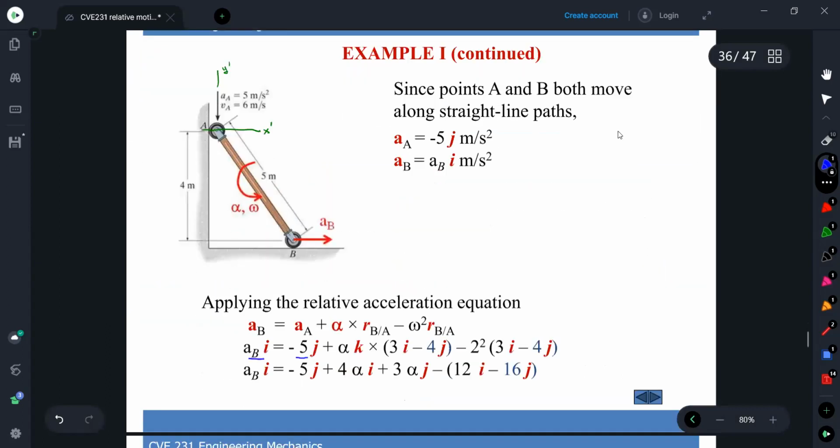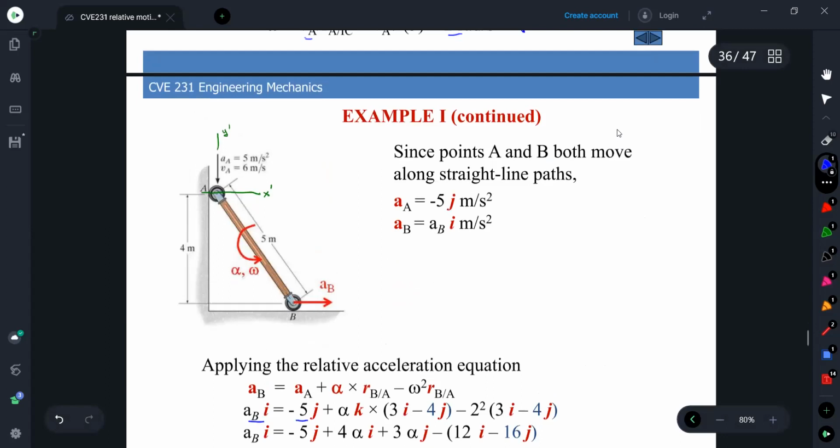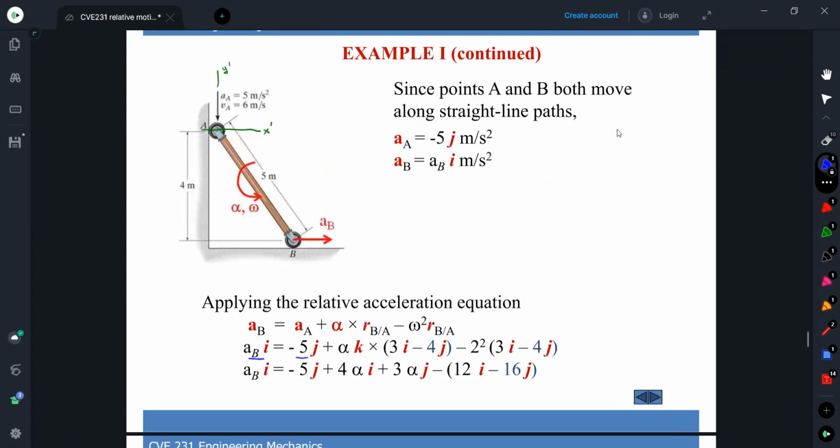Because we know that AA is 5 meters per second squared going down, and AB we don't know how much it is, but it should be along the horizontal line, so it has only an i component.